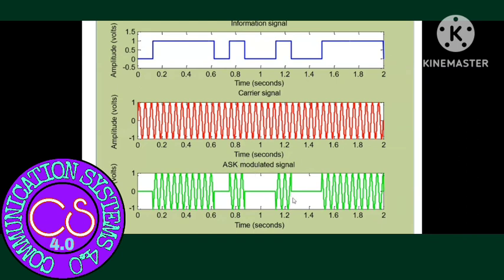Our signal is going to be modulated and characteristics are changed as per the requirement. So this description shows how the information signal is represented, how the carrier signal is represented, and how the modulation has been performed. And we will discuss in detail the different ways to perform modulation.